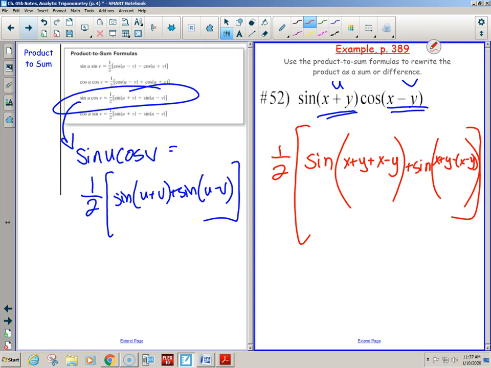What does that do? It doesn't really seem to. Oh wait, y minus y cancels. x plus x is 2x. And then this one, distributing my negative, x minus x cancels, and a negative times a negative is a positive, so y plus y is 2y.